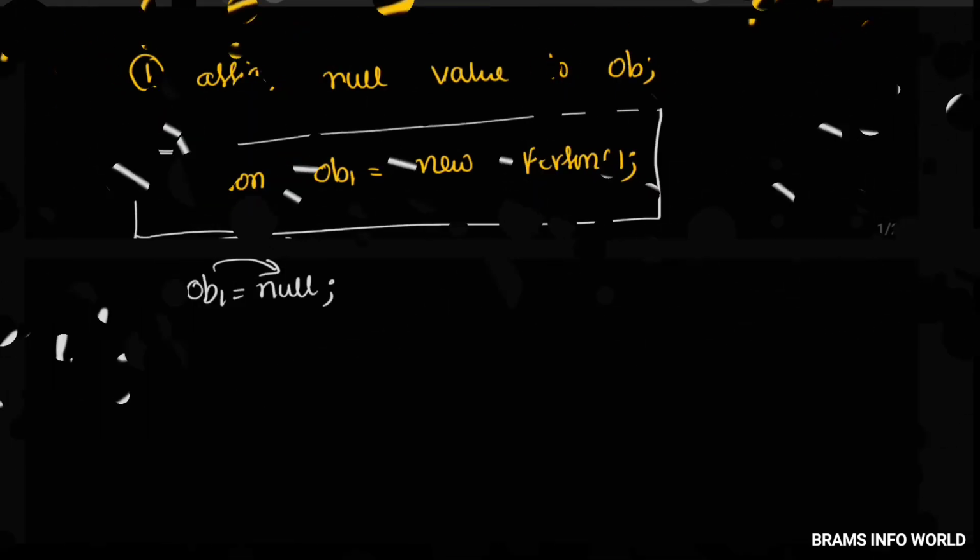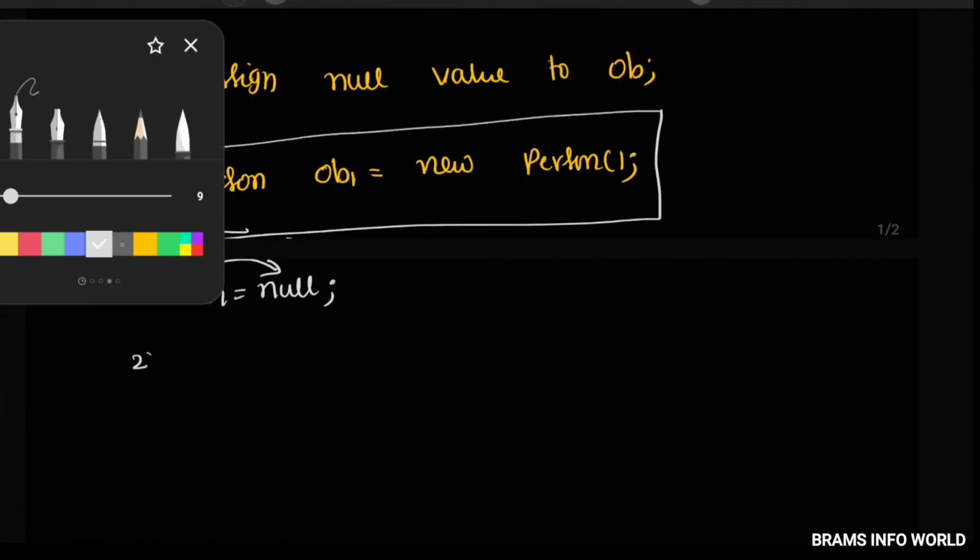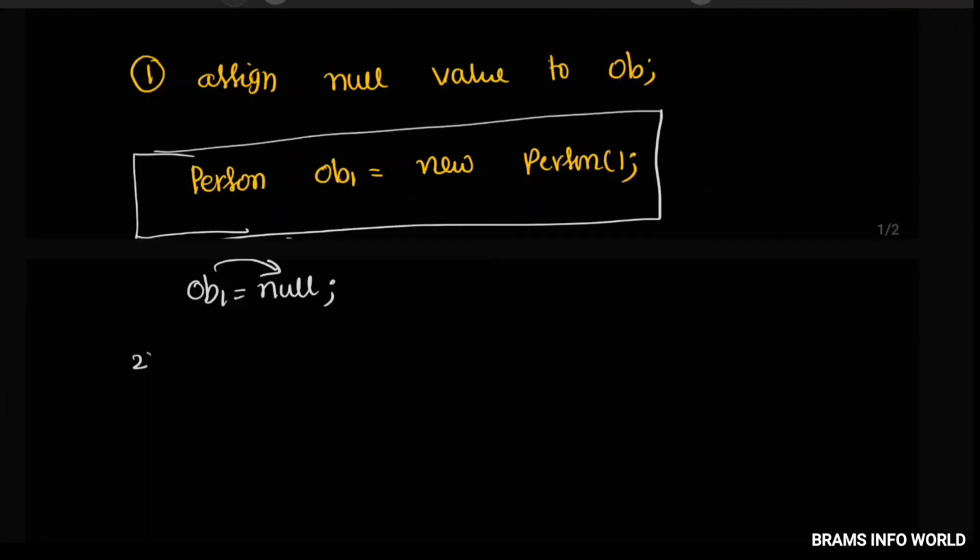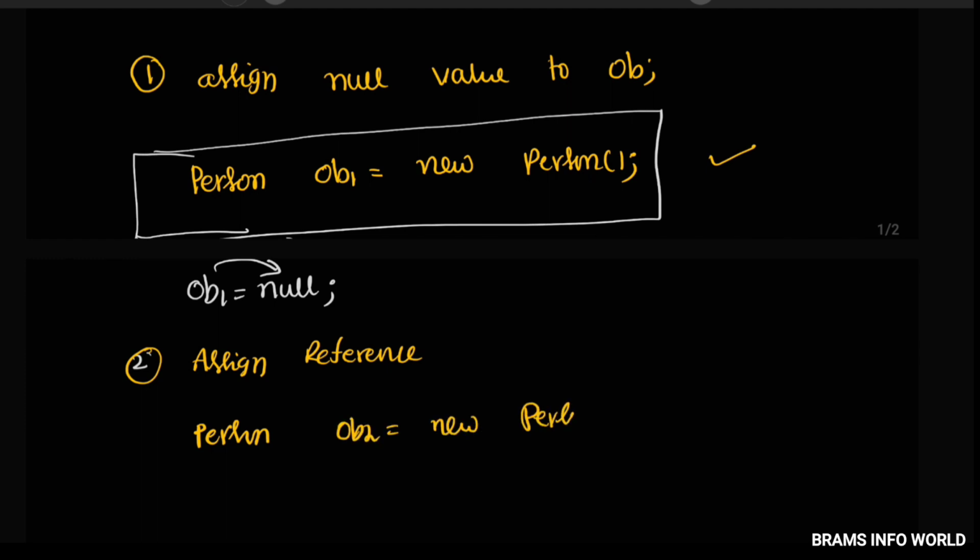There is one more way, and that is assigning a reference. See, what is the meaning of reference? Reference in the sense of indirectly calling an object. For example, you have already created a person. Now you create one more object, like Person OB2 equal to new Person.